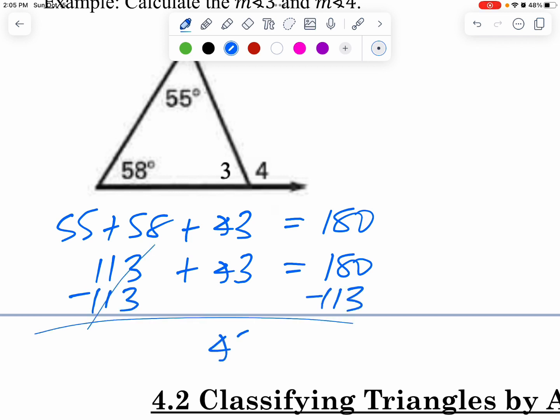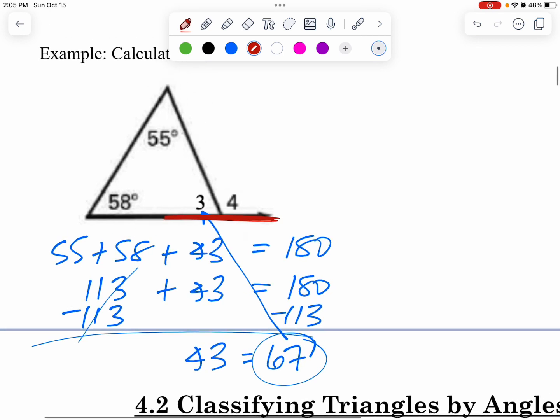And I've got angle 3 equals, what is 180 minus 113? That would be 67. So where's the 67 go? It goes right here. And then do you see this linear pair? Every single time you have a linear pair, isn't a linear pair also 180 degrees?